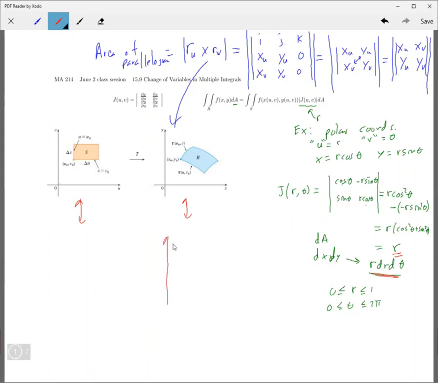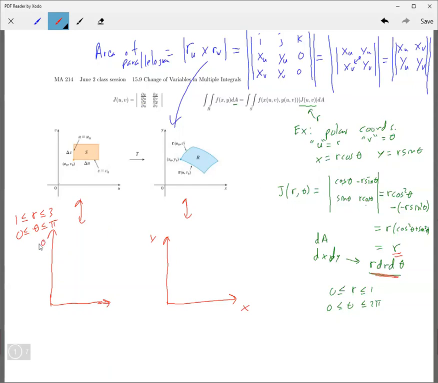So over here, we have xy, right? And then let's just do polar coordinates, and we will say, just for example, we'll have r between 1 and 3, and theta between 0 and pi.